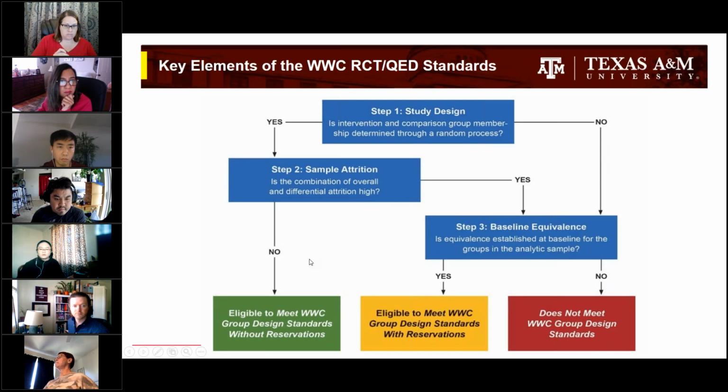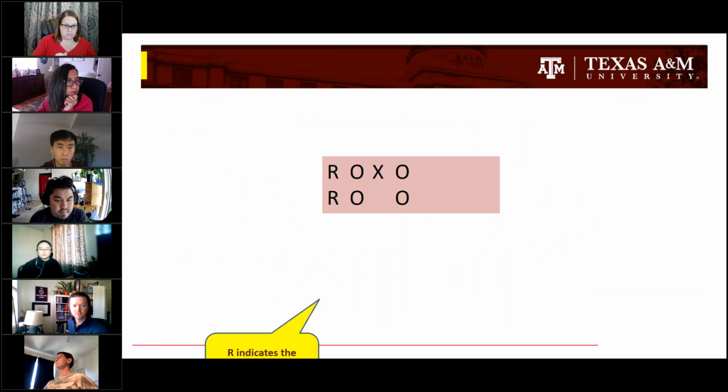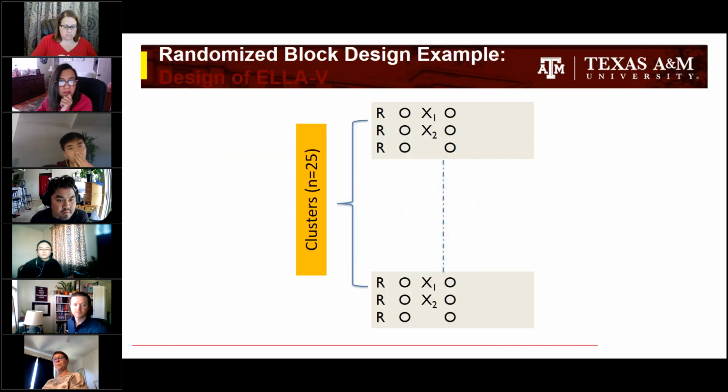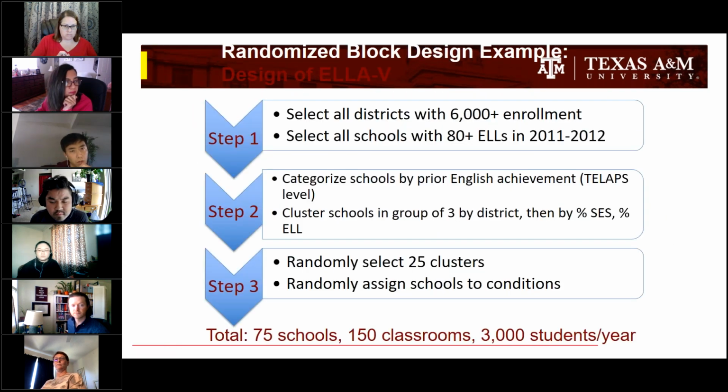Yes. So anyway, where's the list? Yeah, right here. We knew that we had to have these 75 schools. With 150 classrooms, we knew the number that we had to have based on the randomizer.